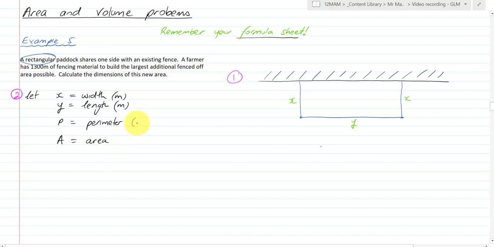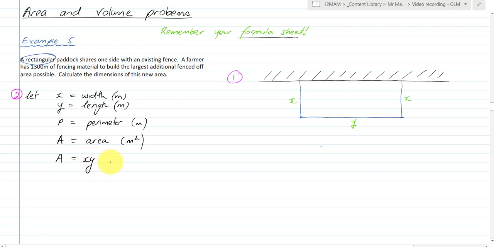The perimeter is in metres, whereas the area is in metres squared. Now what we're trying to do is calculate the largest additional fenced off area possible, so we're trying to maximize area, and I know that the area is equal to x times y. That's how I calculate the area.